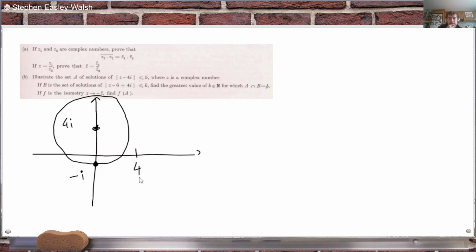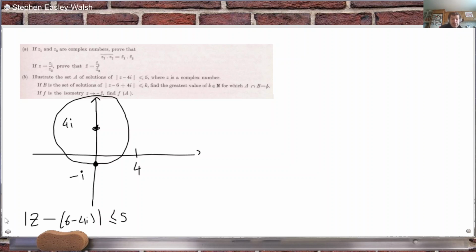And then we have another set B, which is located at, you have to change the signs here, it's more like this, Z minus 6 minus 4i less than or equal to 5.